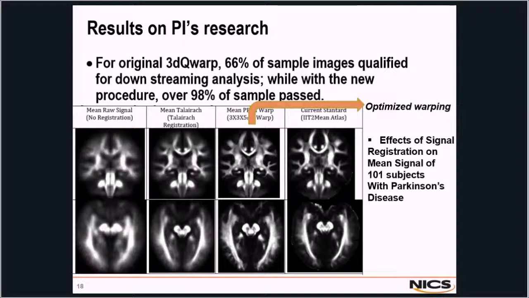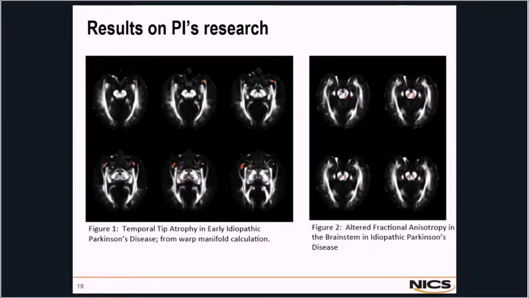So what does this high-fidelity warping mean for downstream analysis? With this improved warping procedure, PI is able to identify which portions of the brain can be used as an indicator for early Parkinson's disease symptoms.